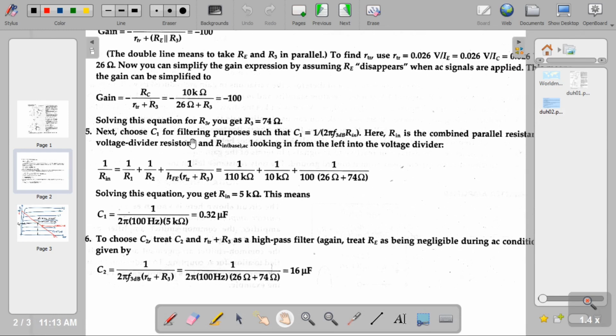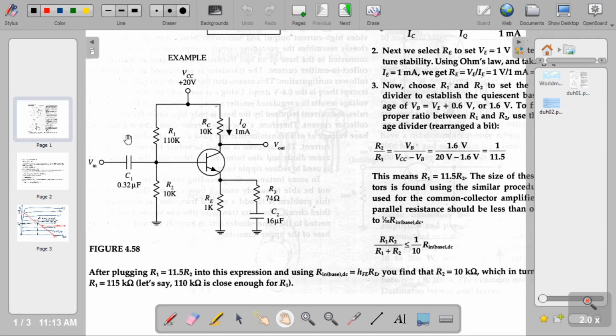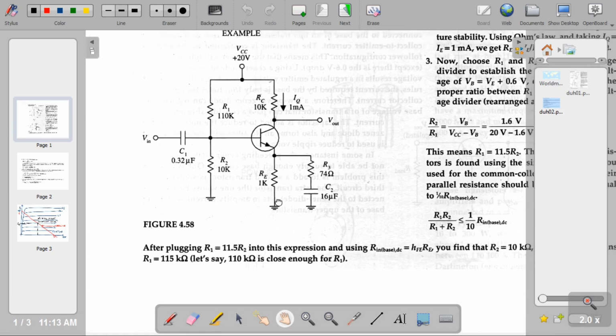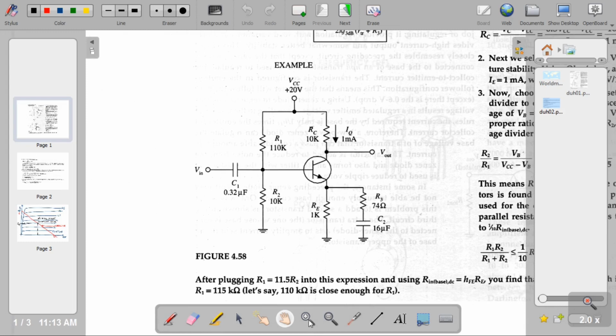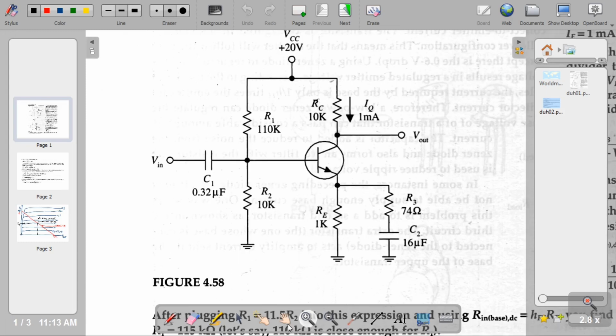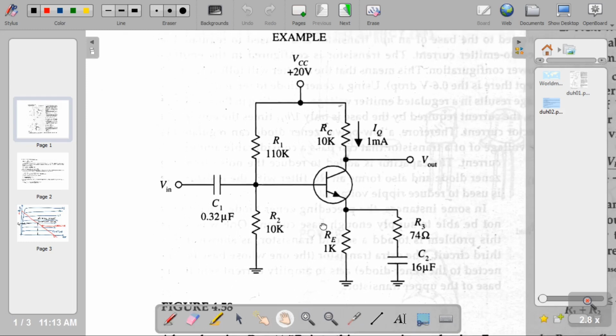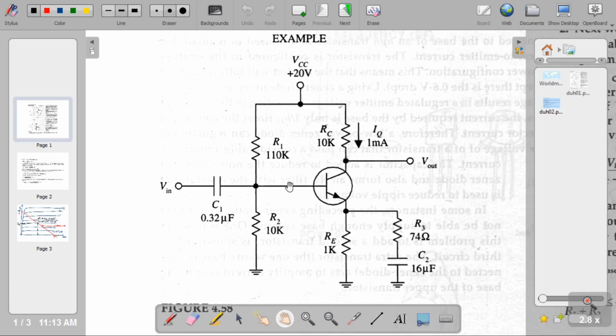And if we go back, it shows the circuit with all the values. Okay, but as I said before, here I was only focusing on the R1 and R2.